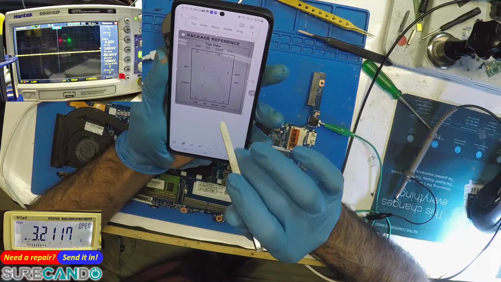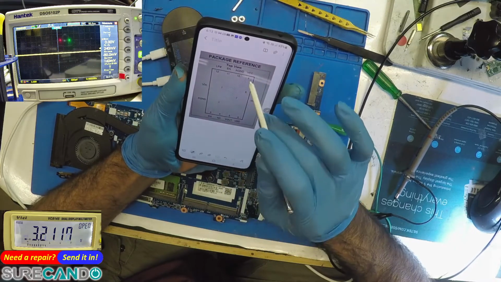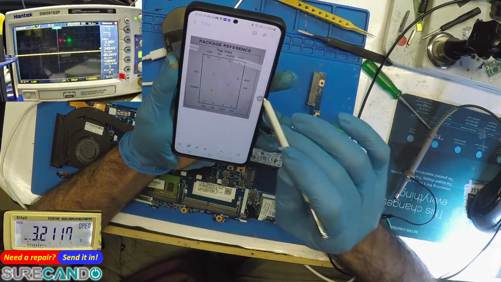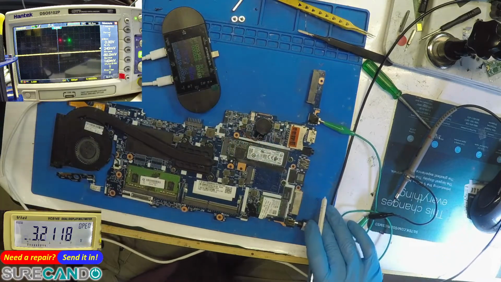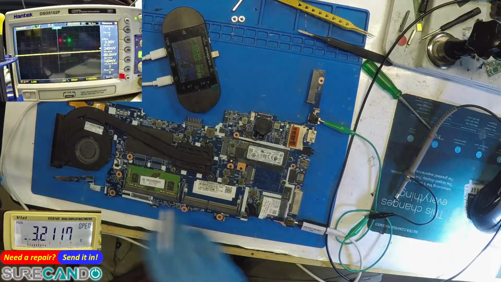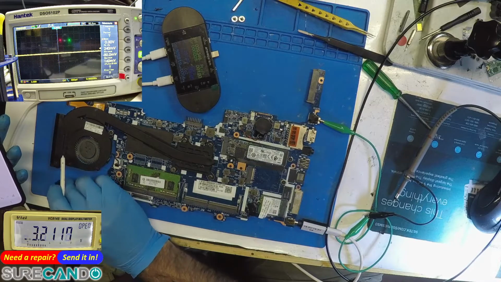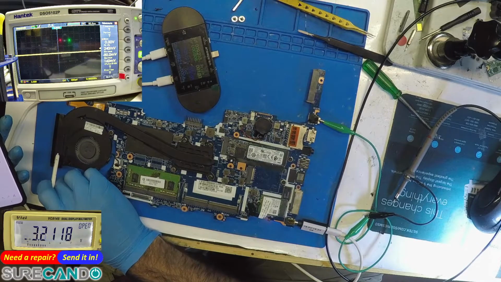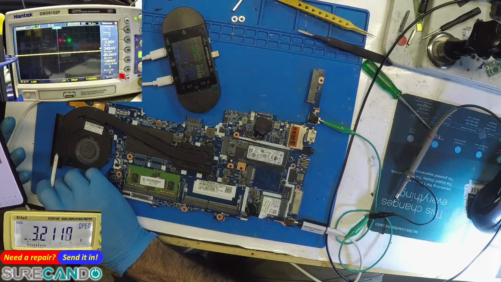Cool, okay. So, with the board in this condition being off, so it does turn on. Okay, turned it off.